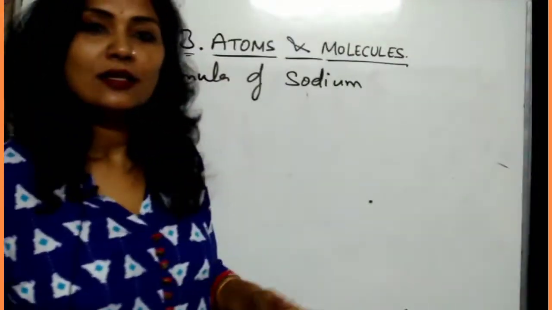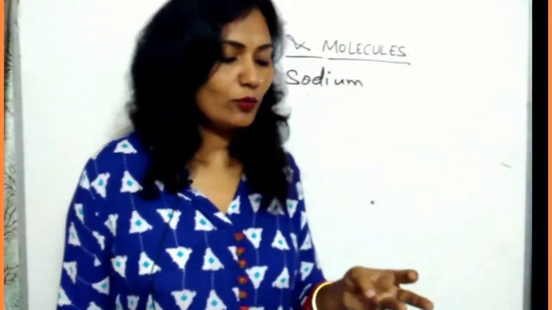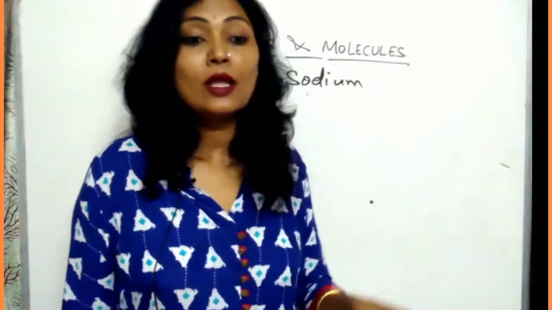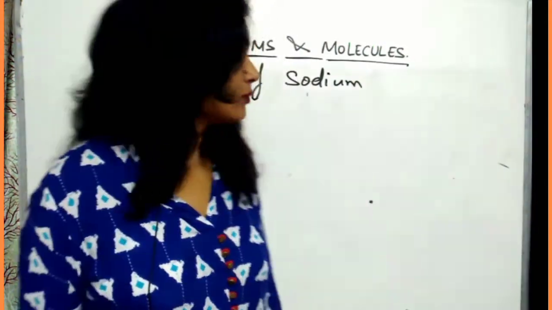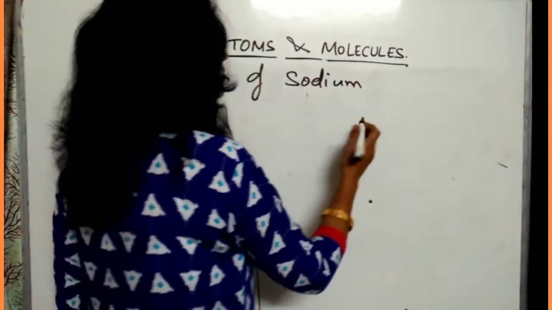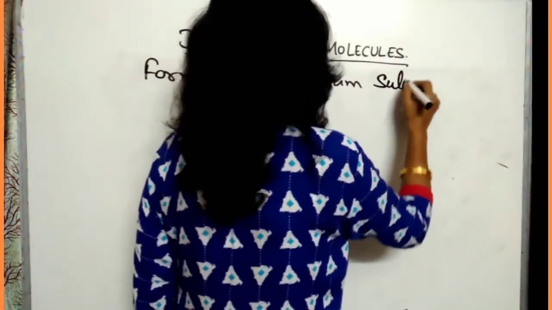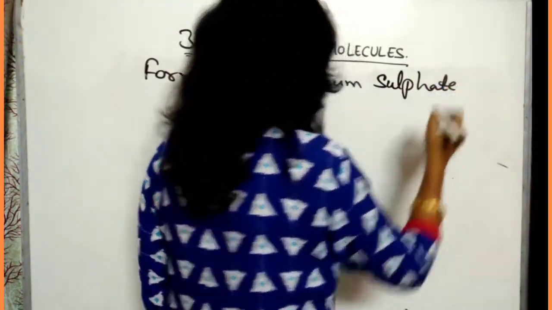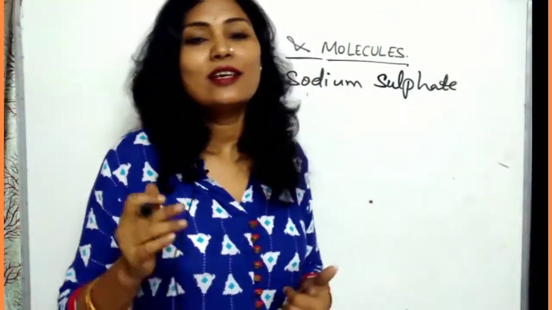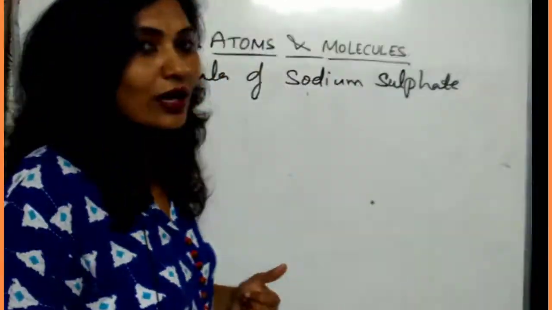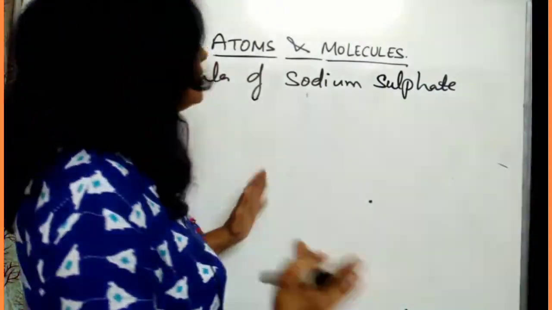From all these you can form magnesium oxide, magnesium carbonate, magnesium chloride, then magnesium sulfate, magnesium nitrate. Like that all the compounds you can form. Got it? But first of all, please learn the valencies of these polyatomic ions also. Otherwise, you are not able to write the formula.